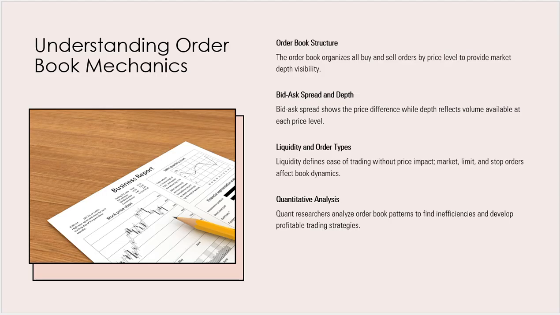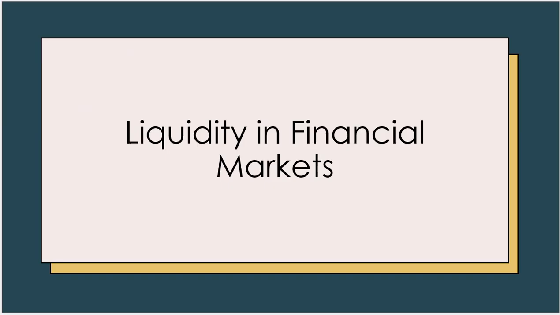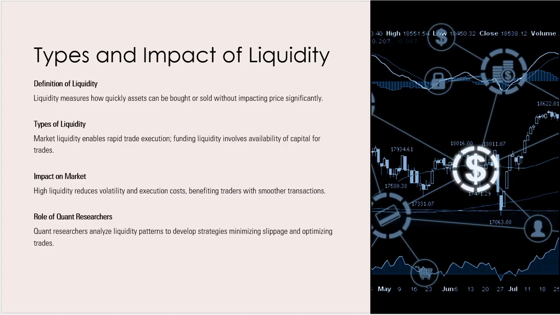So let's move on to the next slide, which is also important: liquidity in financial markets. This is a most important concept. Here we will discuss the definition of liquidity, types of liquidity, impact on the market, and the role of the quant researcher in financial market liquidity.